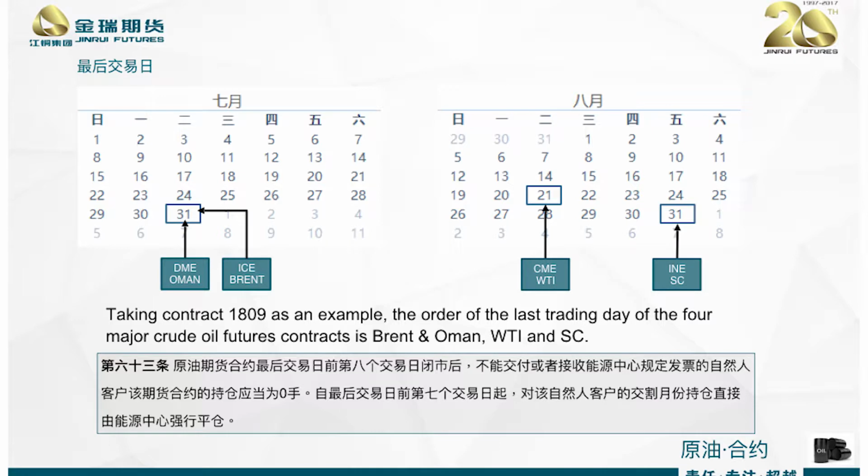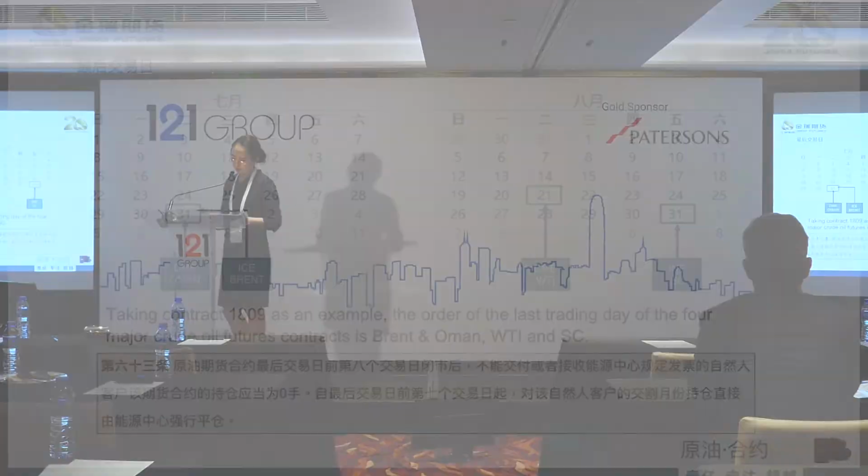As stipulated by INE, the last trading day of SC crude oil futures is the last trading day of the month before the delivery month. Taking 1809 for example, the futures contracts whose last trading day comes first are Brent and Oman, of which the last trading day is the last trading day of the second month before the delivery month.